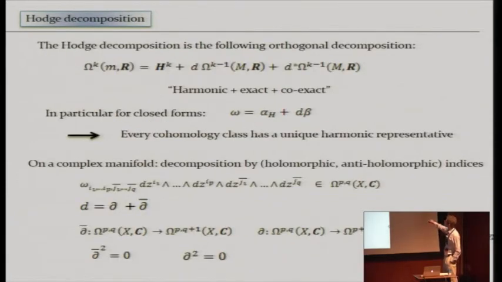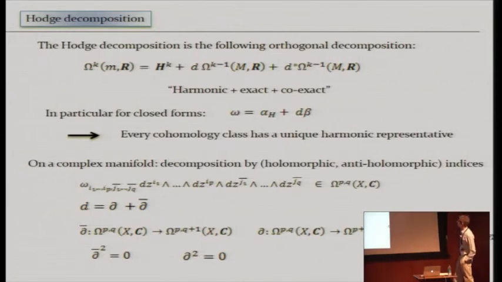So if you want this to be a k form, you have to take this to be a degree k plus 1 form. And if k equals 2, you don't get this piece. Maybe that's what you were asking. Okay, that's a typo. Thank you.